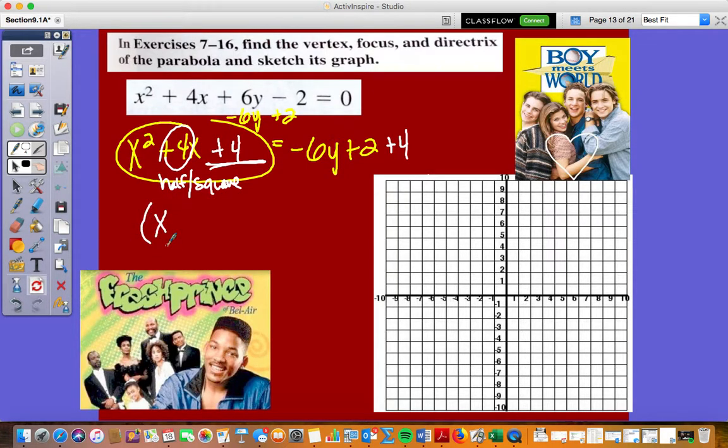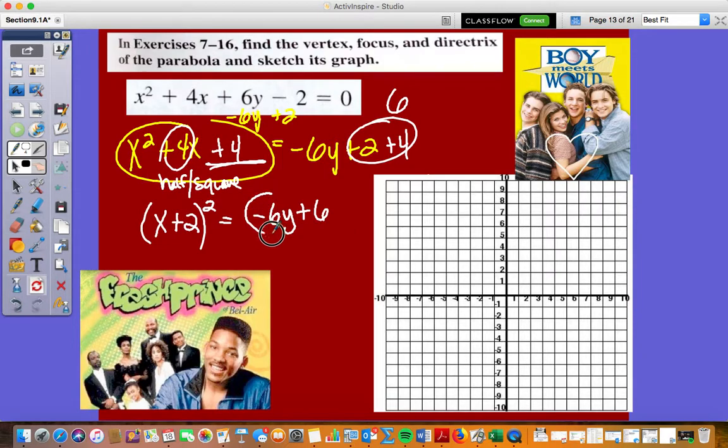X plus 2, or x plus 2 squared. Yeah, we would just say x plus 2 squared because it's a perfect square, right? See where it's going? What can I pull out? Well, this would be 6, right? So when I pull down negative 6y plus 6, what can I pull out on that right side? 6, good.